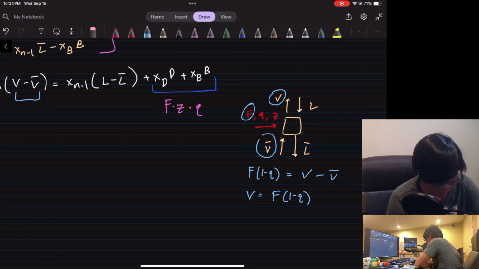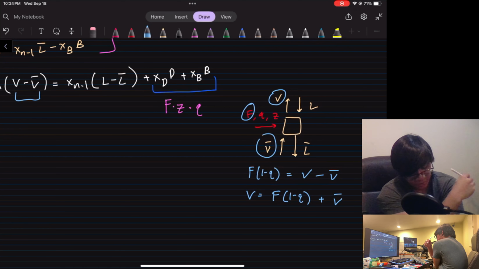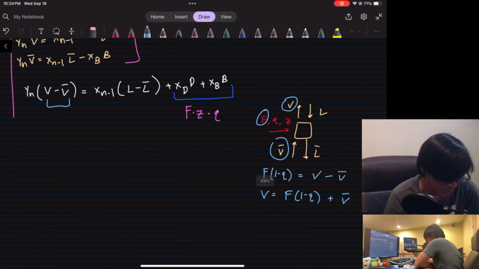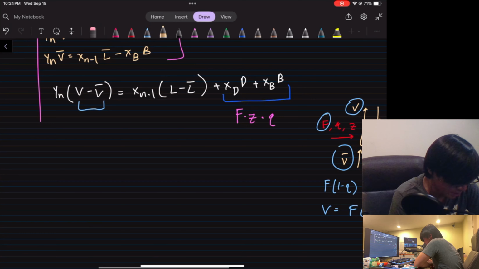That is vapor plus. So I just move that around. Let me make sure I'm not missing anything here. I added it to the other. Perfect. So what we have here is just another substitution.